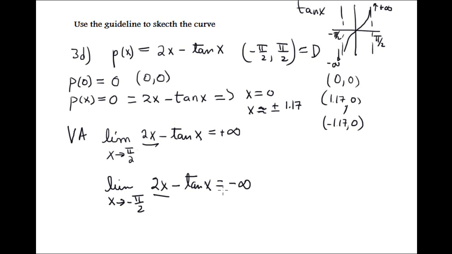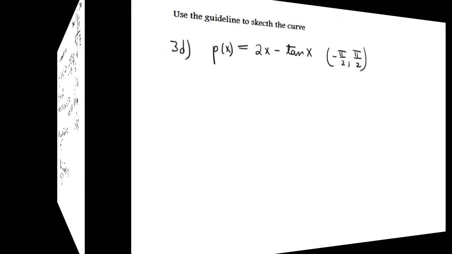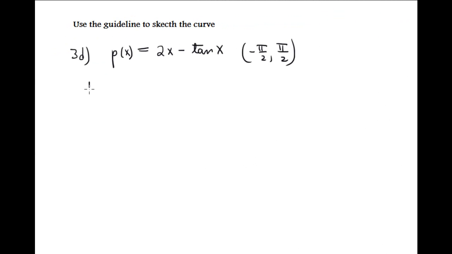Now, let's go to the calculus part. Okay, let's compute the first derivative. Derivative of 2x is 2, and derivative of tangent is secant squared, equal to 0. And you solve this equation.